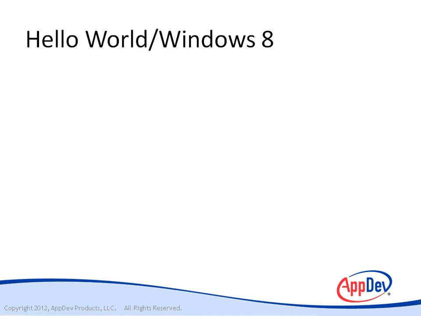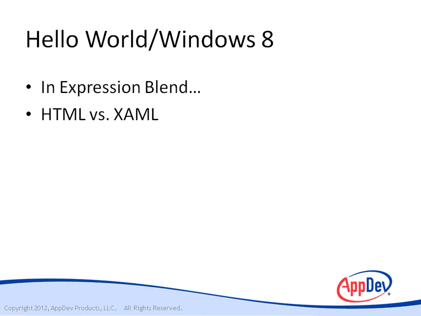8. Now, when you actually go to start building your applications, you can, of course, use Visual Studio, but since we're really focusing on designing good Windows 8 experiences, we're going to go ahead and build a Hello World app, but we're going to do it in Expression Blend. There are two key things in Blend.